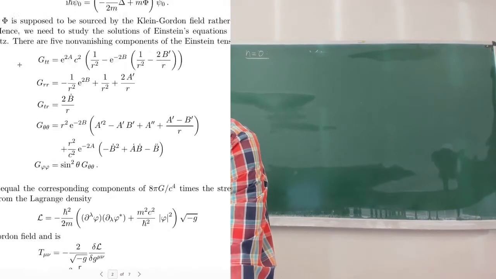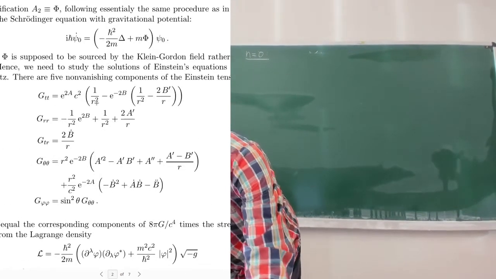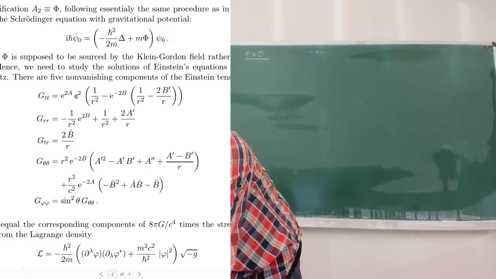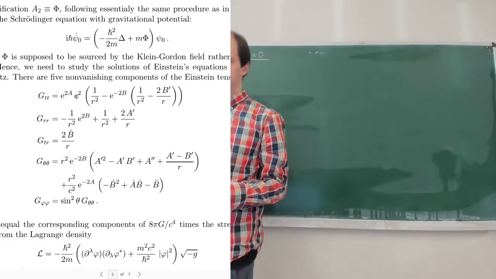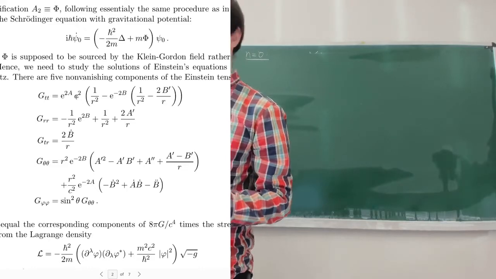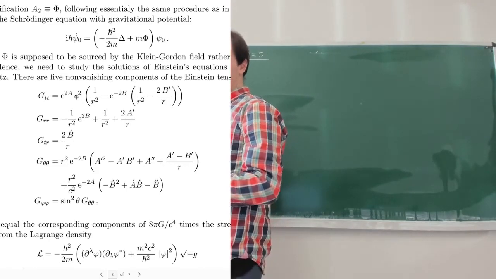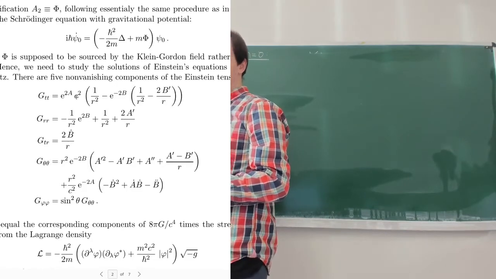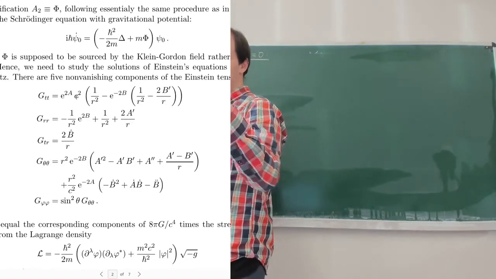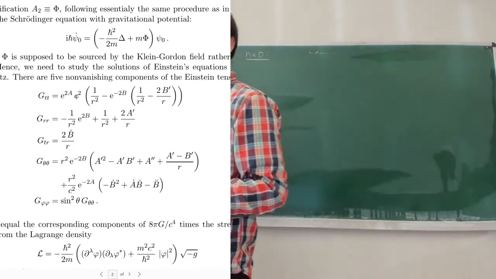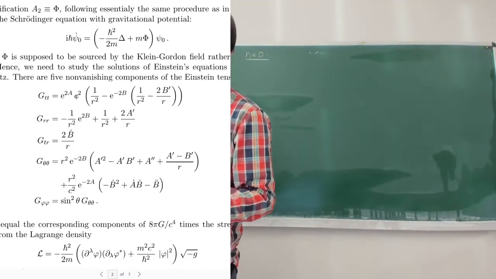And on the other hand, we have the Einstein tensor, and there you see the highest order contribution will be of the order c squared. So we can guess what happens, and you would now need to insert the power series for e to the a and e to the b, and for b prime.